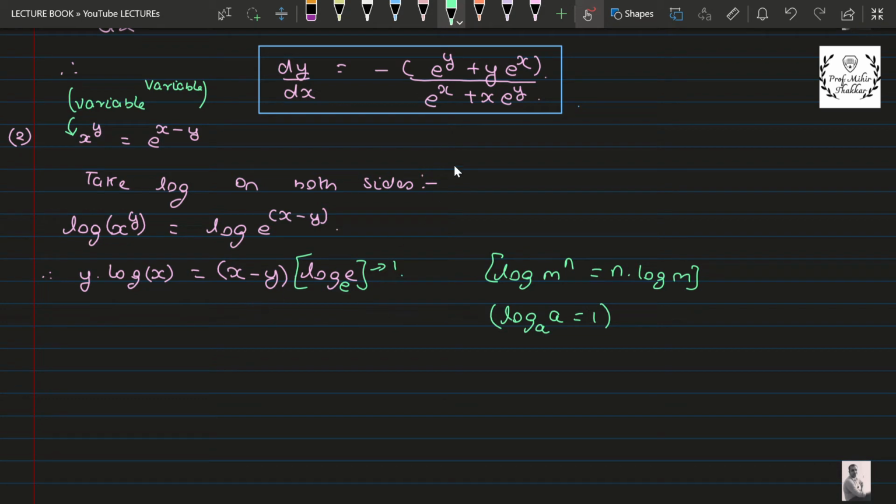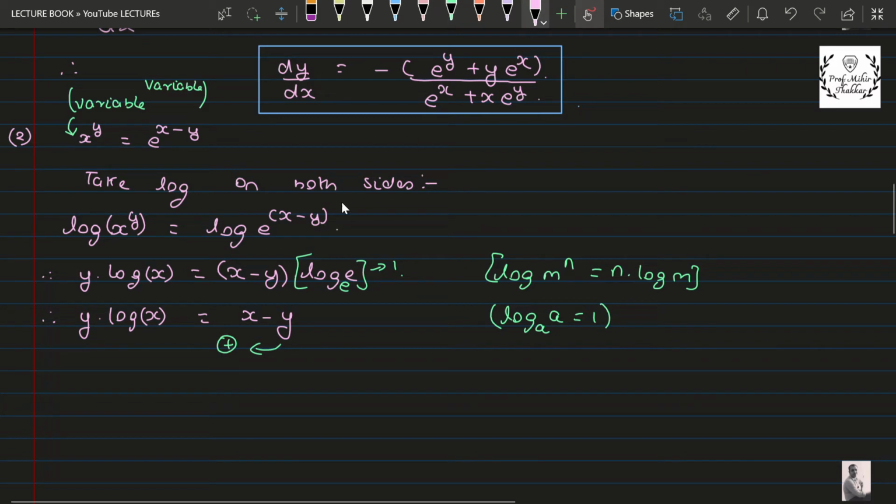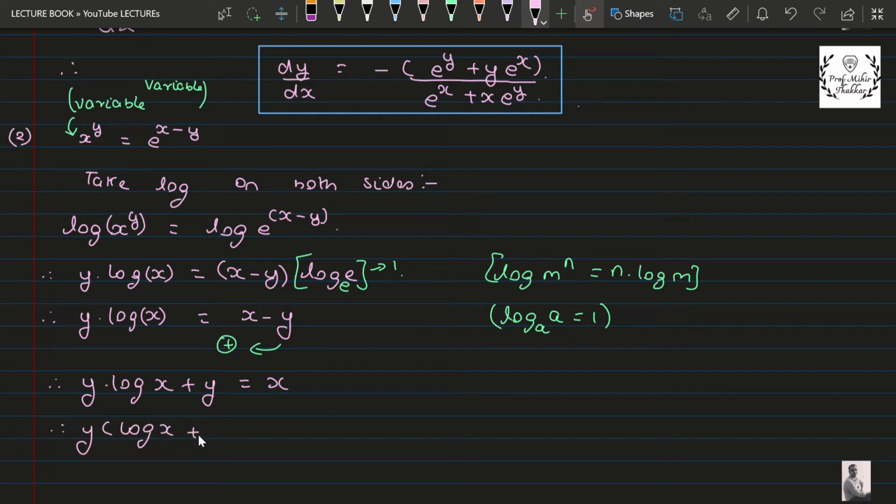So on the right hand side, in my next step, I will just get y into log x is equal to x minus y. Now transfer this y to the opposite side, so it will get added. So I will get y log x plus y is equal to x. Now take out that y common from there. So it is y into log x plus 1 is equal to x.